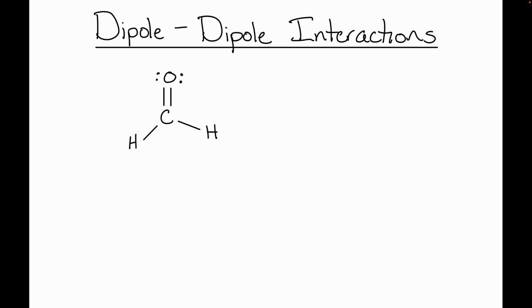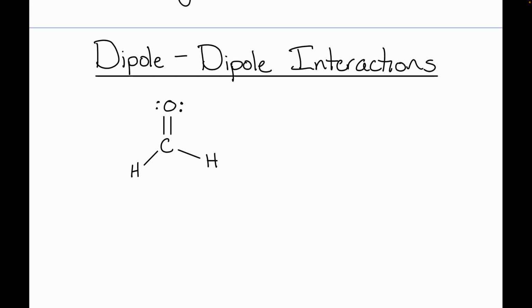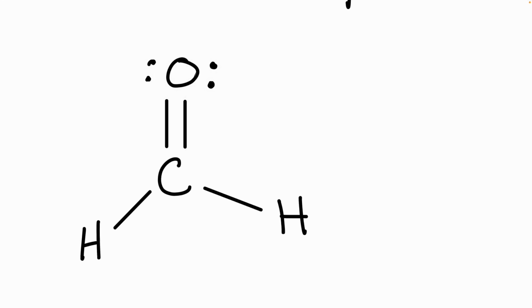So if one line is 2 electrons being shared, what does this double bond represent? 4 electrons being shared. Now I'm only concerned about my polar bond here, which is not these ones here, right? We said carbon-oxygen about the same. So I'm focused in on this particular bond right here.